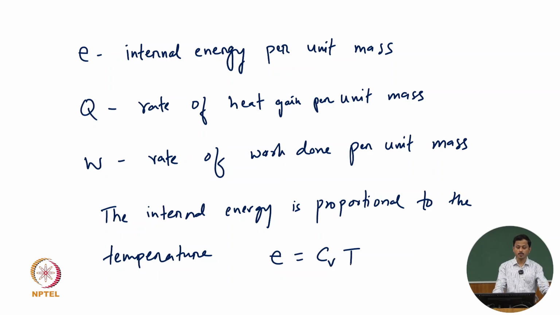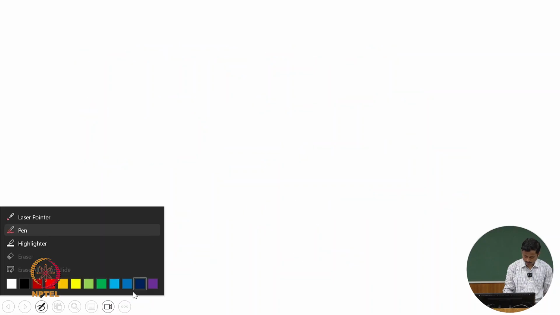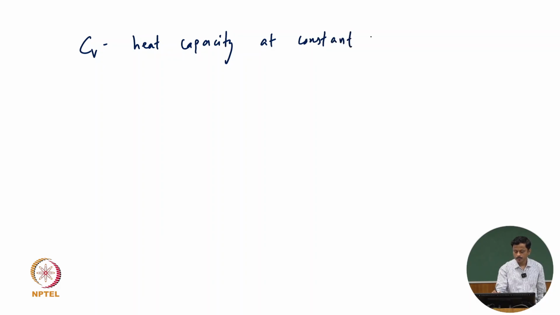These are all from a first course in thermodynamics. All of us know this, it is just a recap. What is Cv? Cv is the heat capacity at constant volume, and T is the absolute temperature.